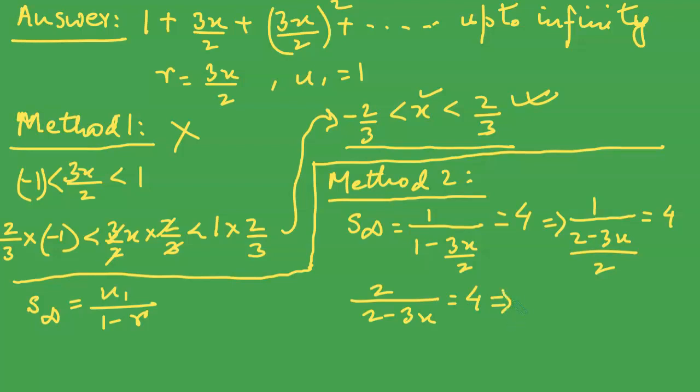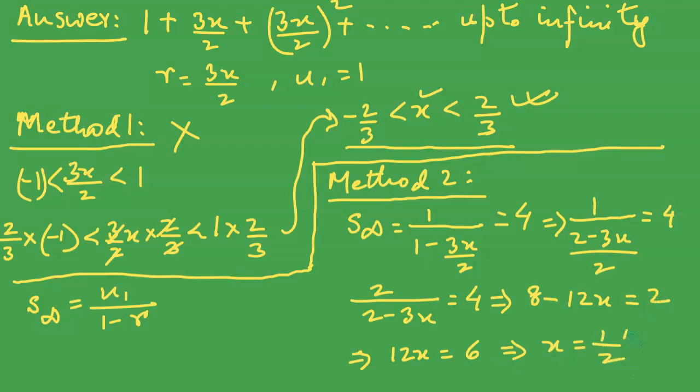This gives us 8 minus 12x is equal to 2, or 12x is equal to 6, implying x is equal to half.